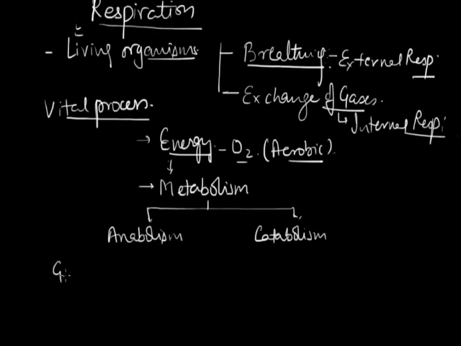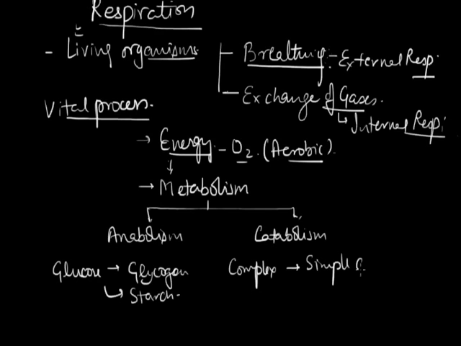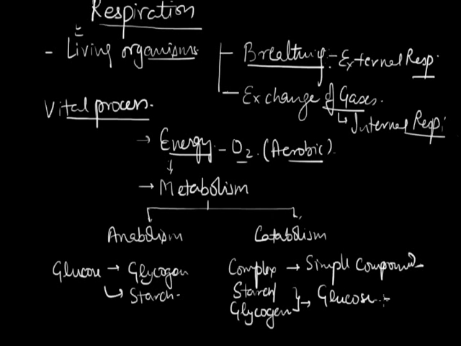For example, glucose is converted into glycogen or starch in case of plants. Similarly, catabolism is just the reversal of anabolism, meaning complex compounds are broken into simple compounds, such as starch in plants and glycogen stored in animals being converted into glucose for generation of energy.